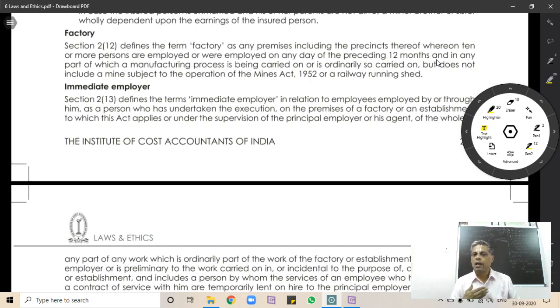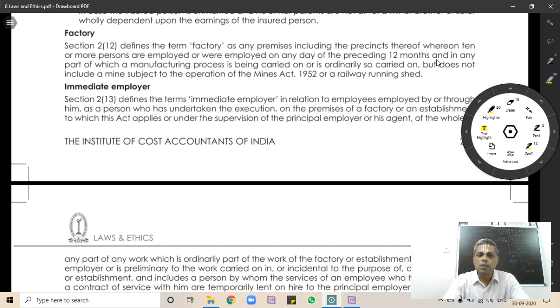For example, I work for a security agency and I am deployed in a particular factory to guard the premises. My immediate employer will be the agency which has hired me, and my principal employer will be the factory where I am put in as a guard to safeguard. So the immediate employer is the person who is hiring, and the principal employer is the person to whom the services are given, or who is taking the services.